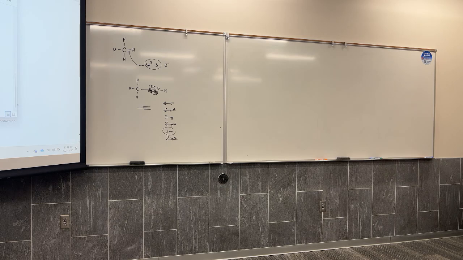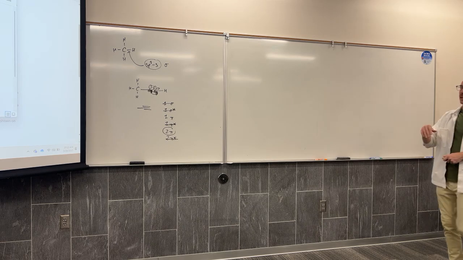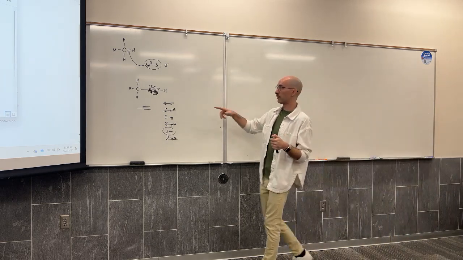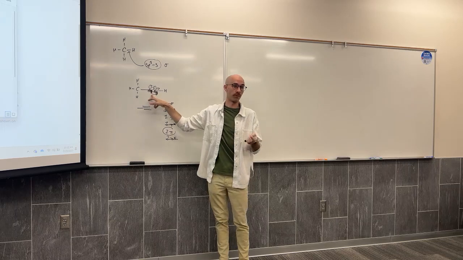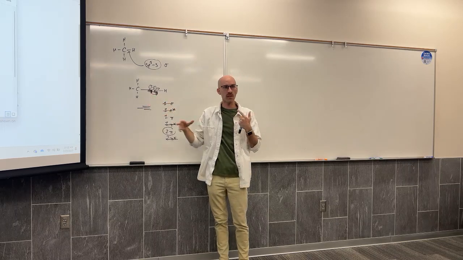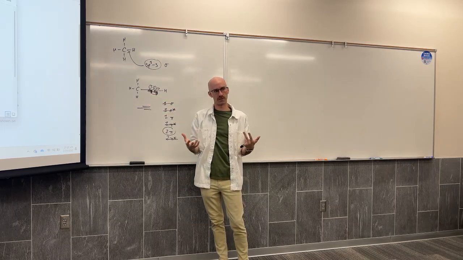And then those orbitals are what constitute the bonding. So you describe a bond based on what orbitals are overlapping. And those are either hybridized orbitals or p orbitals.